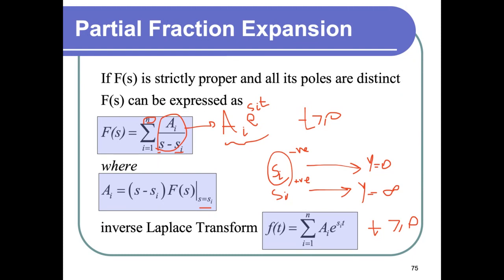And that's why we say that the system is stable if the poles are negative, and it's unstable if the poles are positive, because of this reason.